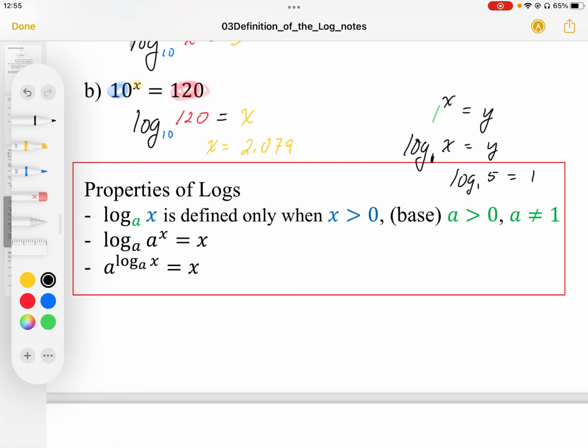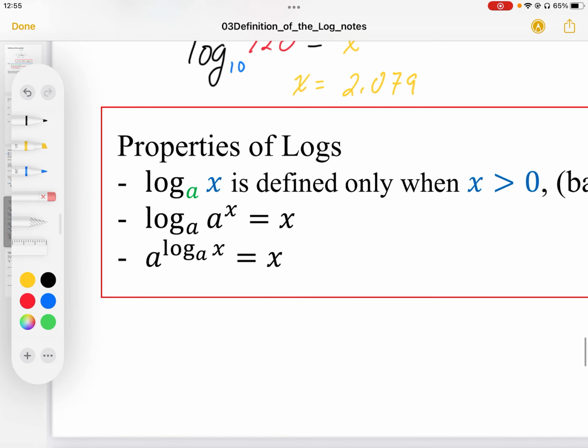Log base 1 of 5, well, that's not true because we know that any power of base 1 is going to give us an answer of 1. So this runs into conflict, and we're not allowed to have base 1 either. So the base of the log must be positive and it cannot be equal to 1.